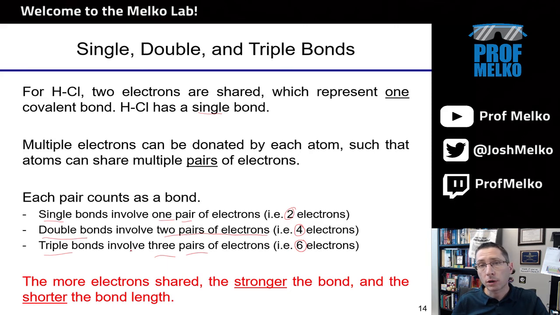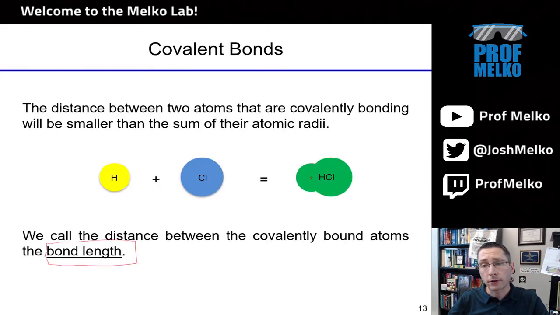And it turns out the more electrons that atoms give to this pool, forming double or triple bonds, the stronger that bond becomes. Okay, so a double bond is stronger than a single bond, a triple bond is stronger than a double bond. Because there's more of these shared electrons, that forms this stronger attraction. This stronger attraction also makes the atoms sort of morph into one another more and more.